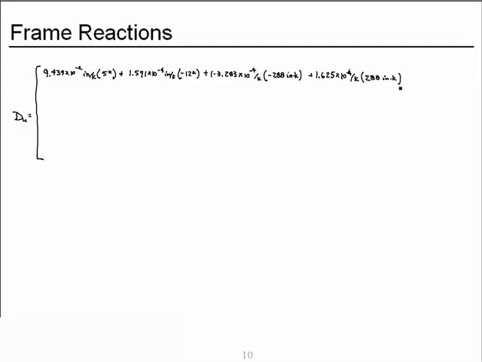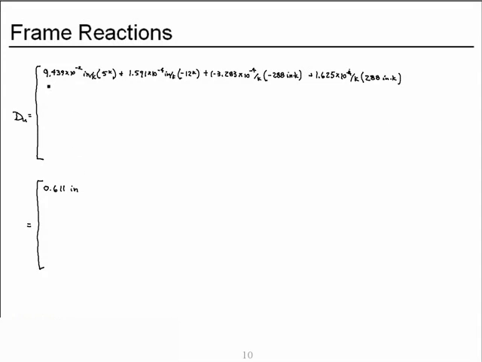And then the rest of the Q terms were 0. So when we evaluate that expression, we get 0.611 inches.